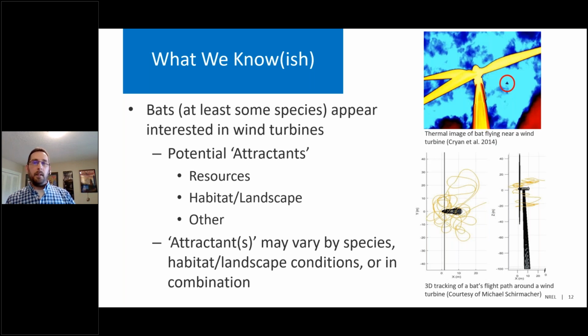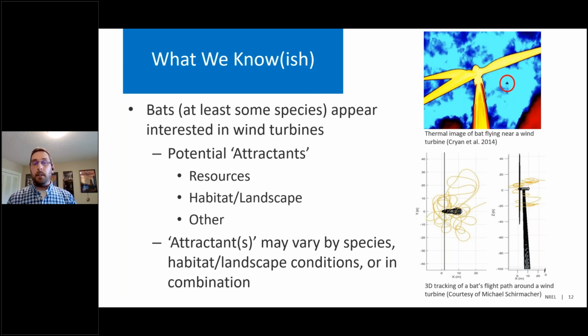We do see bats spending a lot of time around wind turbines, investigating different parts, the blades, nacelle, towers, flying in and out of the rotor swept area. But we're unsure as to what is bringing them in or what's interesting for them. It may be that they view wind turbines as a resource, or there's something about the surrounding habitat or landscape that's of interest.